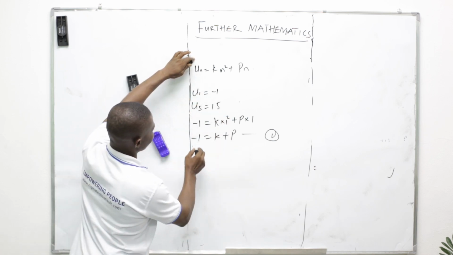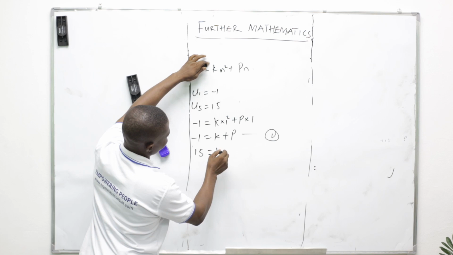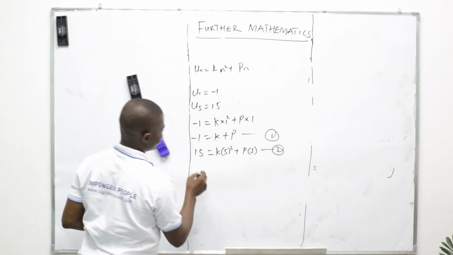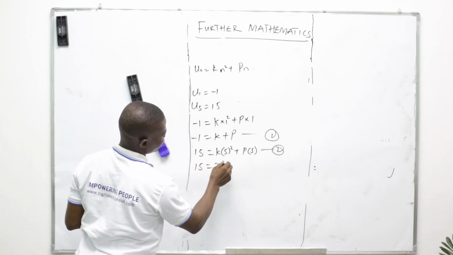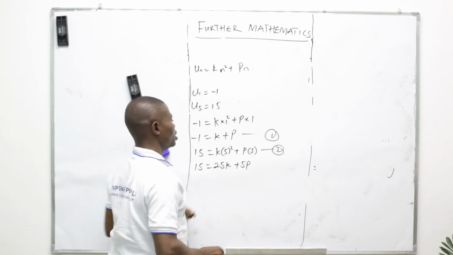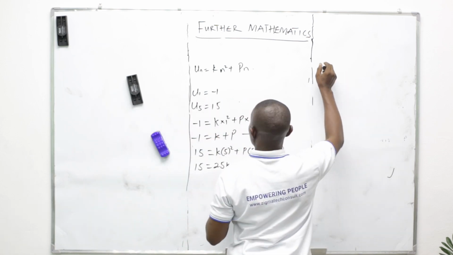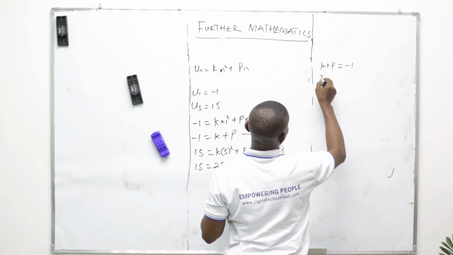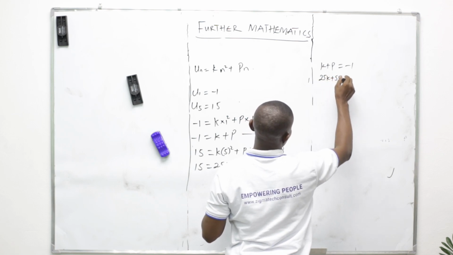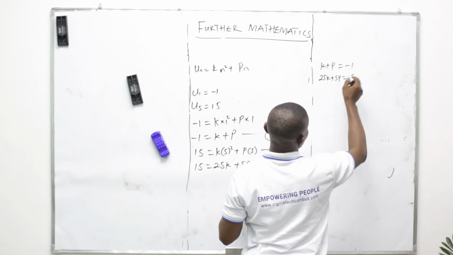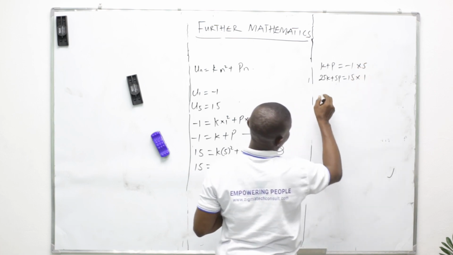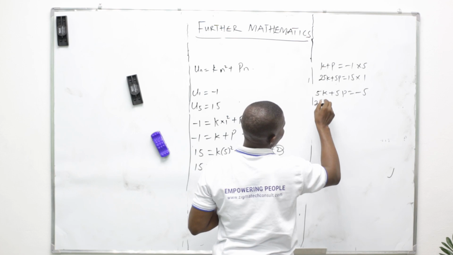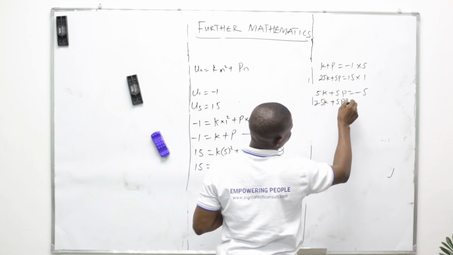Therefore, u5, that is 15, equals k times 5 squared plus p times 5, equation 2. That is 15 equals 25k plus 5p. This is a simultaneous equation. We have k plus p equals minus 1 and 25k plus 5p equals 15. I want to use the coefficient of p, so that 5k plus 5p equals minus 5, and 25k plus 5p equals 15.